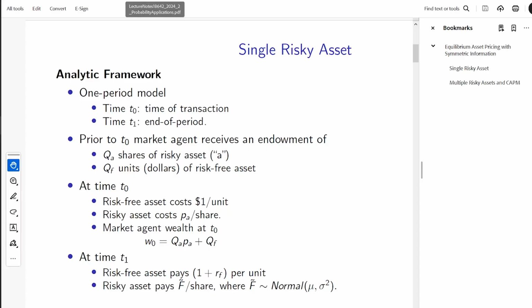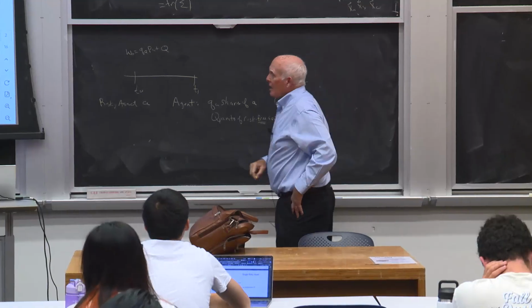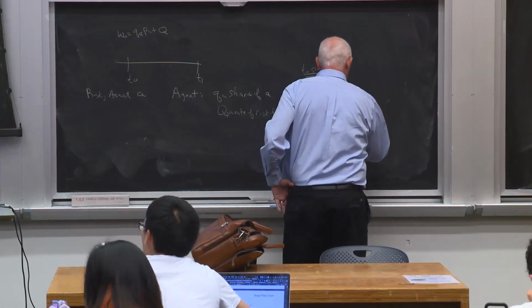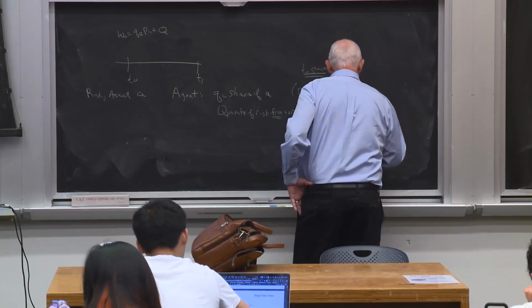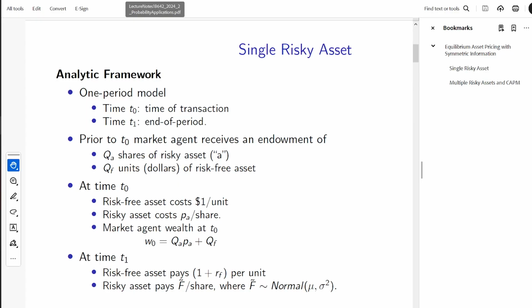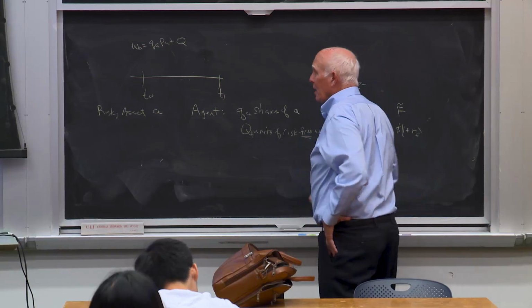Now at time T1, so this is the T naught prices are given here. At T1, the risk-free asset is going to be worth 1 plus R_F. And the price of the risky asset, we'll assume that it's a random variable given by F tilde.